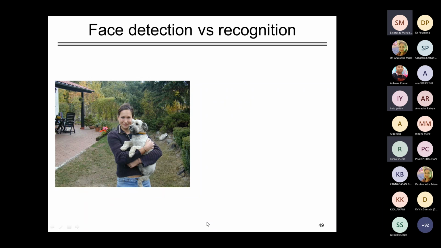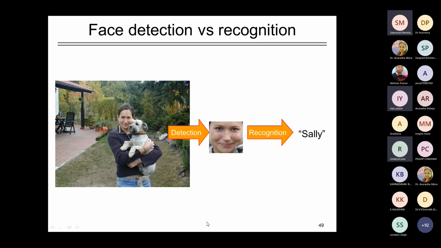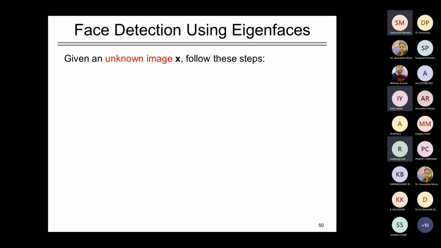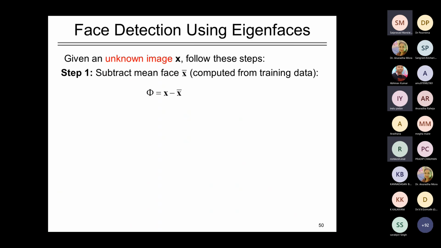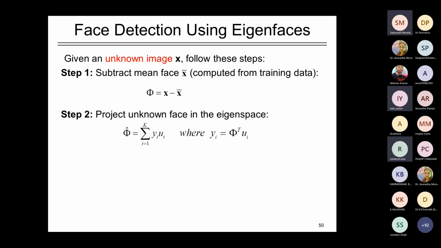Now, face detection versus recognition. This is detection; recognition, that is, she is Sally. Given an unknown image X, subtract the mean X bar computed from training data: phi is equal to X minus X bar. Project the unknown face in the eigenspace: phi hat is equal to summation yi ui, where yi is equal to phi transpose ui.